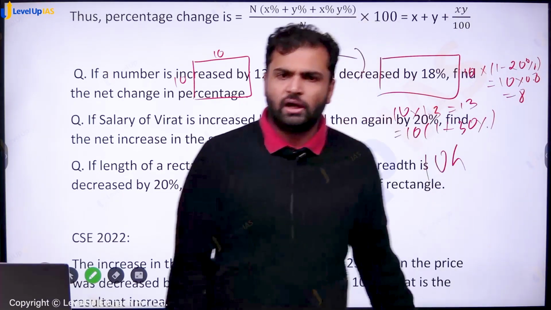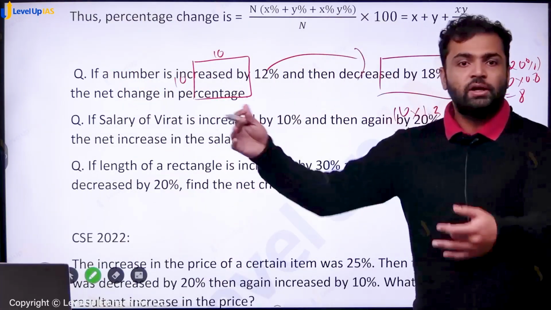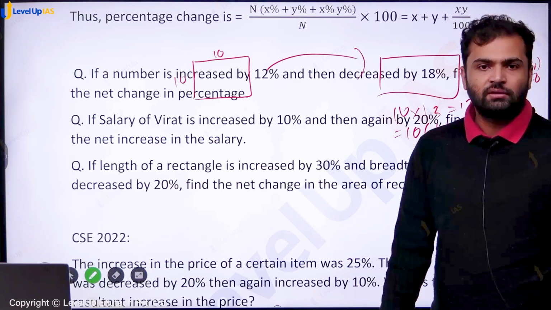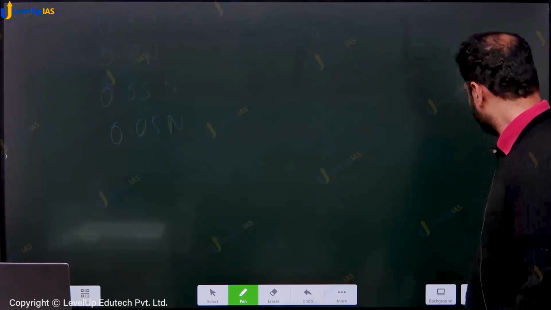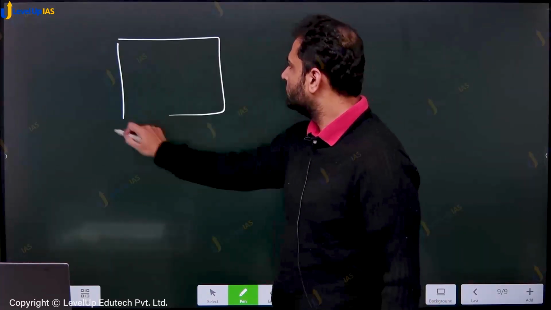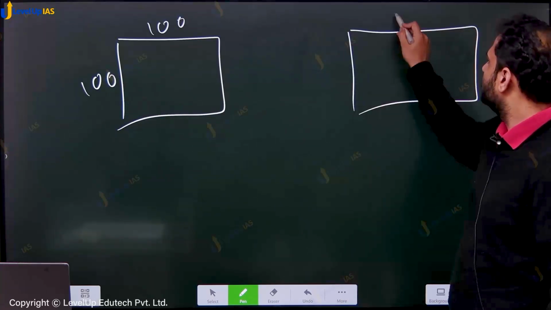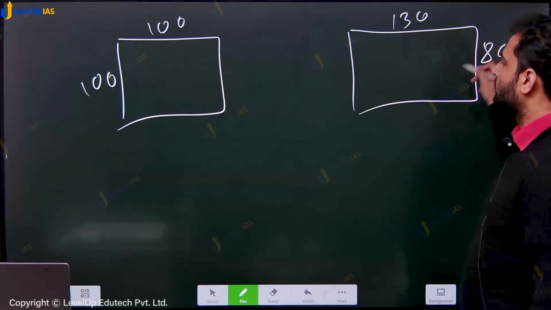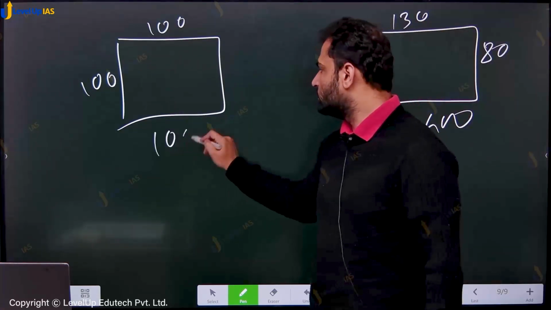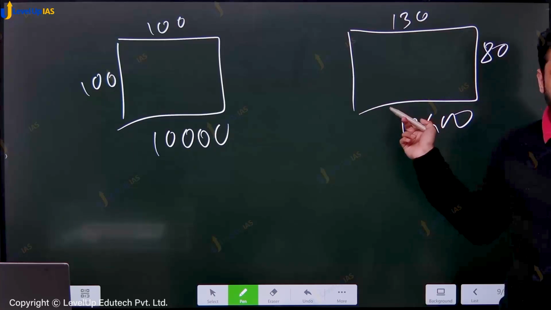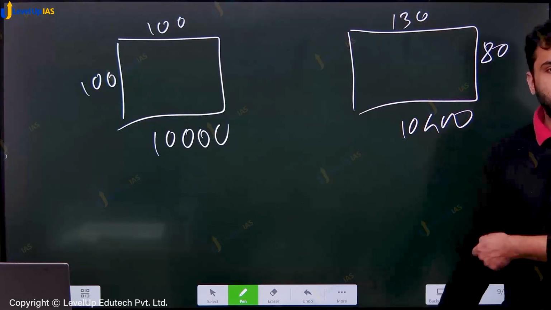It's okay, no problem. If you take the sides as 100 and 100, the calculations would be bigger because we are calculating area. So 100 into 100 becomes 10,000, and the new area would be 10,400. Now what is the percentage change?